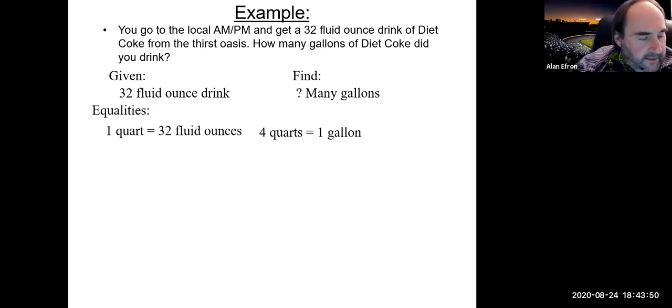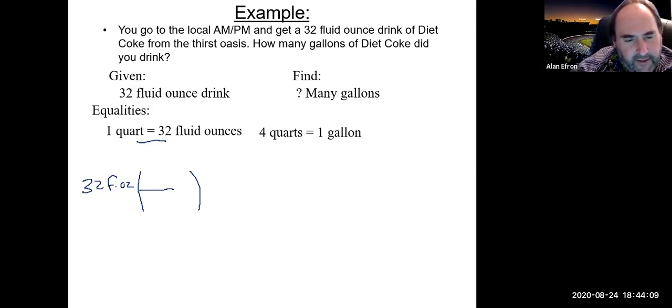Okay, so let's take a look here. Again, we want to start with what was given to us, which was 32 fluid ounces. We want to go from fluid ounces perhaps to quarts, since we have an equality. Remember, from this equality, you can write two conversion factors. Again, opposites is what cancels. So since fluid ounces is on top, I want the 32 fluid ounces on the bottom, and up on top, we would go 1 quart.